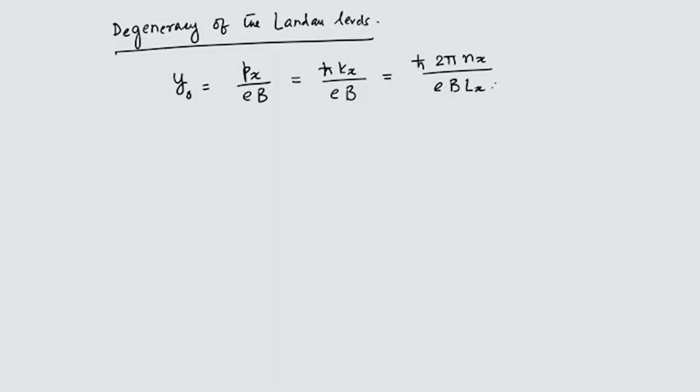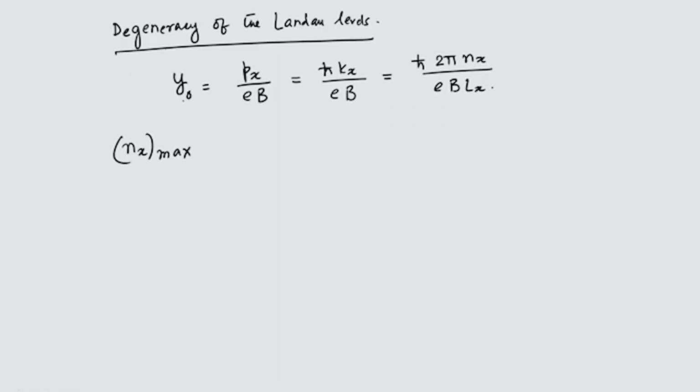Okay. So, this is your y0, and we want to find what is the maximum degeneracy. So, we want to find what is nx max, and all others are constant.